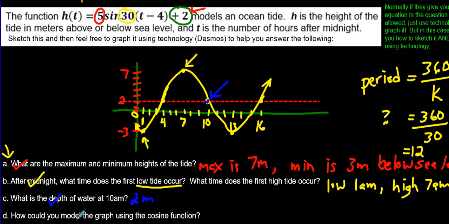Last one. Could you model the graph using the cosine function? Wow. Modeling the graph is when you actually write it out, like as an equation. Okay, so for a question like this, remember cosine starts, and the last video talked about this, cosine starts at extremes, either the very top or at the very bottom.